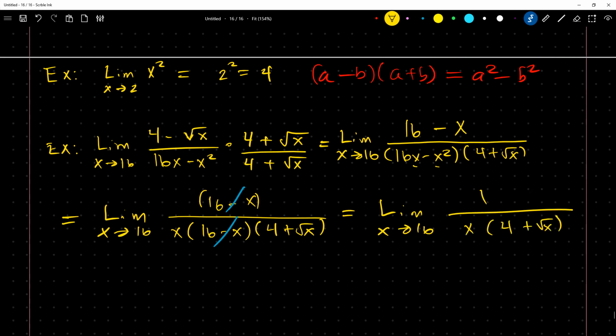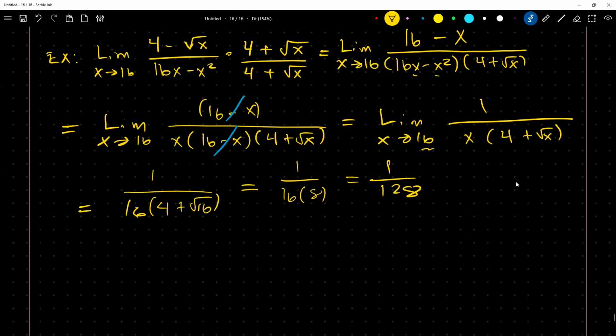Okay, and now we can plug in the 16, because it will not create division by 0. And so when I do that, I'm going to get 1 over 16 times 4 plus the square root of 16, which will give me 1 over 16 times 8, which is going to be 1 over 128.